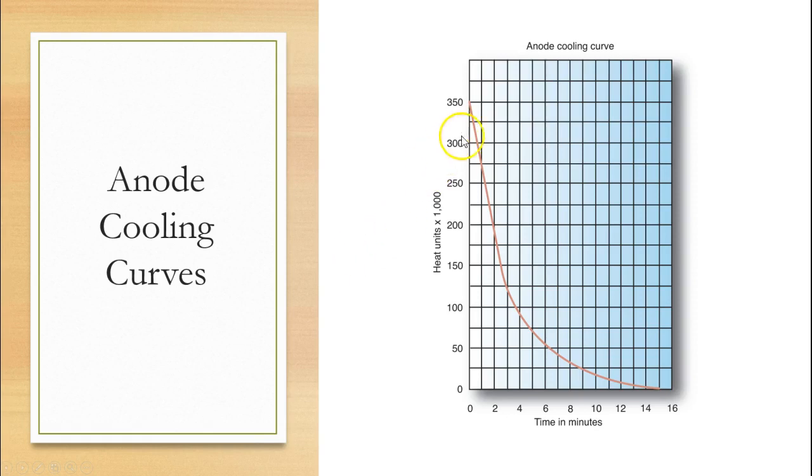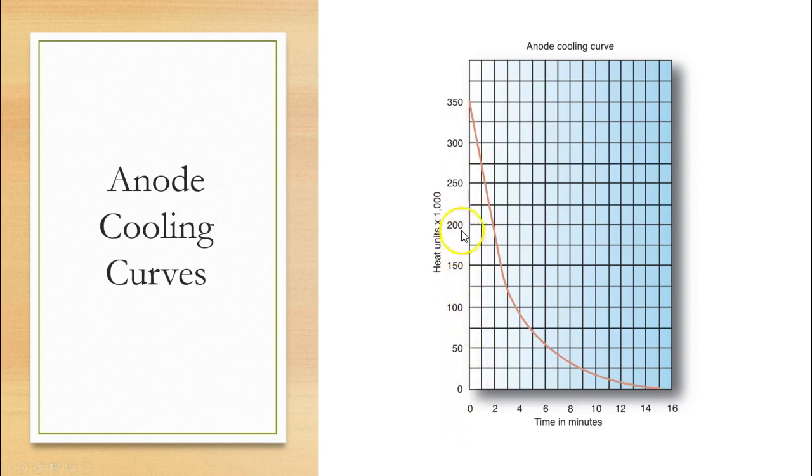So here, the maximum that this anode can handle is 350,000 heat units, okay? And if you were to make the maximum exposure, it will take 15 minutes for the anode to cool back down to zero. So you can make another 350,000 heat unit exposure, okay?